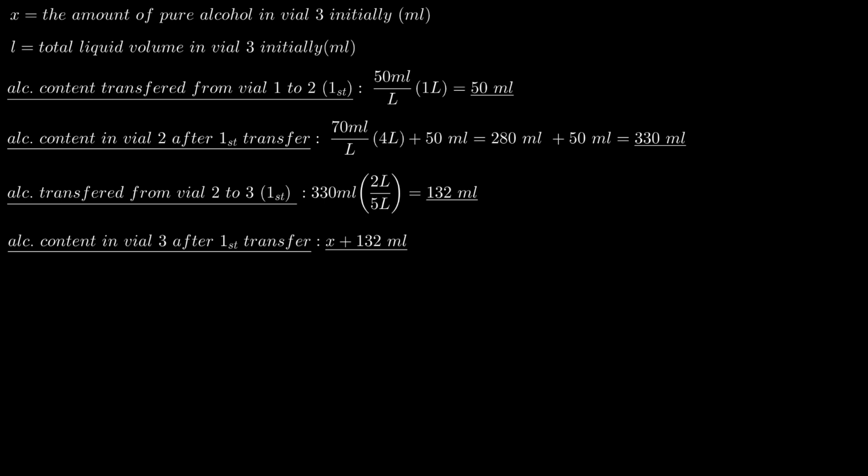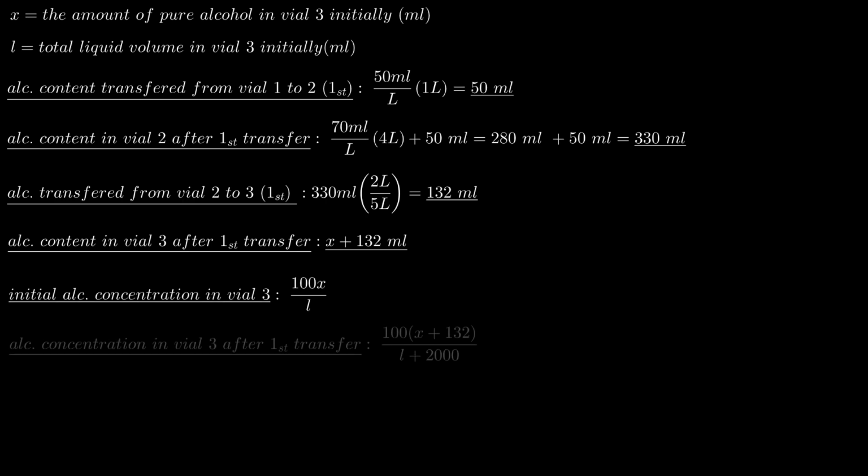So what was the alcohol concentration initially in vial 3? It was 100 times X over L, correct? How about afterward? It was 100 times (X plus 132) over (L plus 2000), since we added 2000 milliliters to vial 3 from 2.